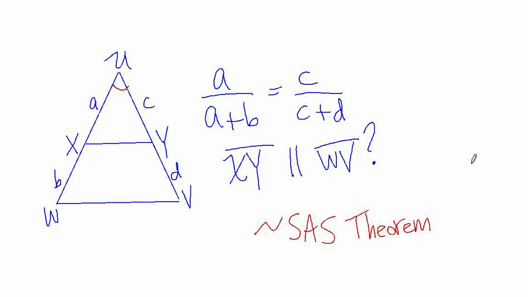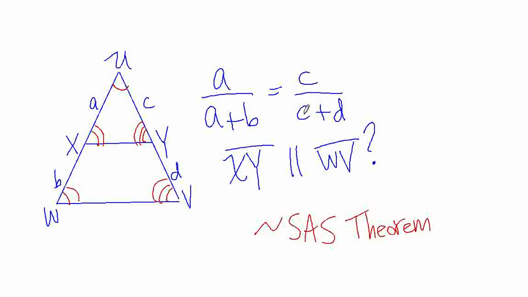Once we know that they're similar, we know that all the corresponding angles are congruent. So let me go ahead and denote that in the picture. But now that we've established that, we've got corresponding angles with respect to two line segments cut by a transversal.